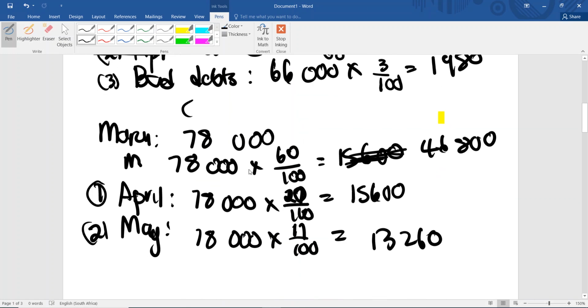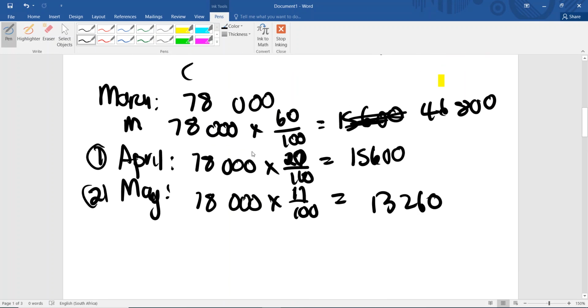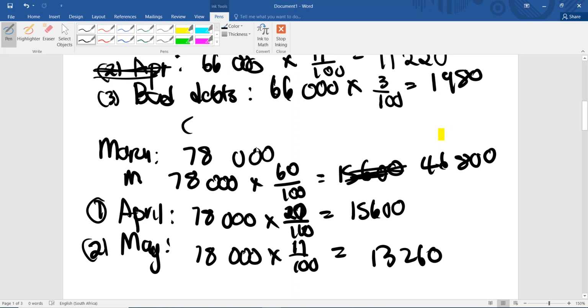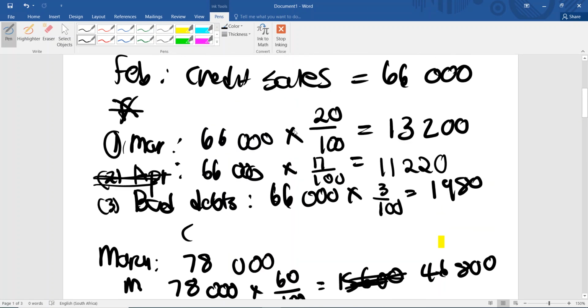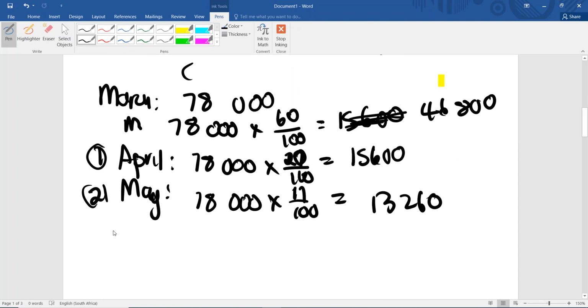So remember, here we are changing. In other months we didn't have the same month. In February we didn't have the same month. Please don't continue with the 20% and then forget to include the 60. Okay, so now remember, we have from March, it's April, May.